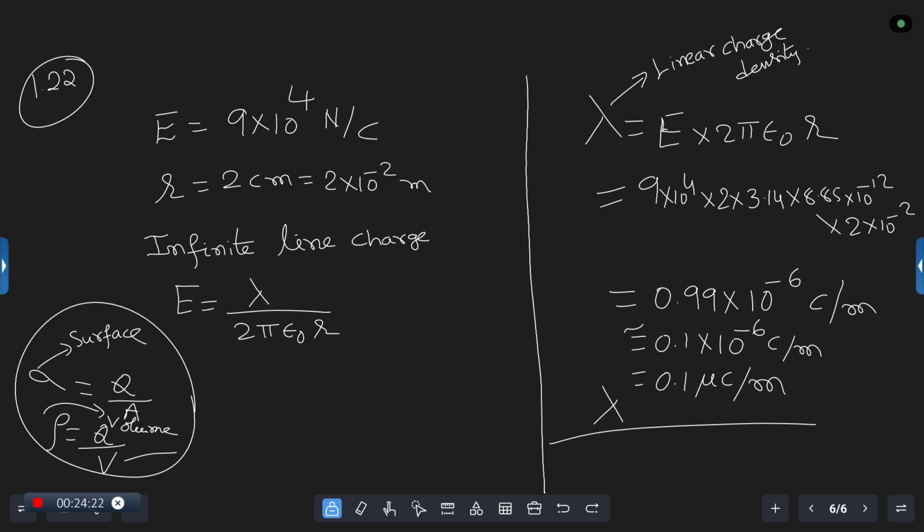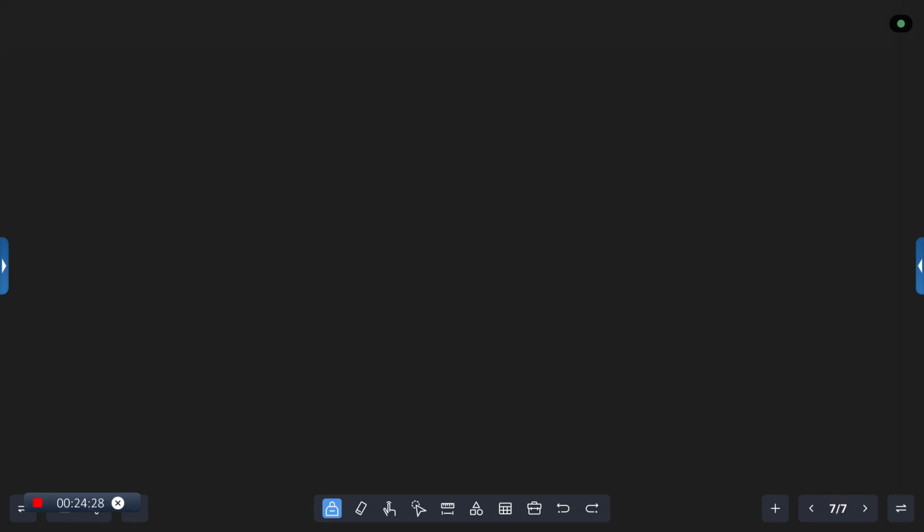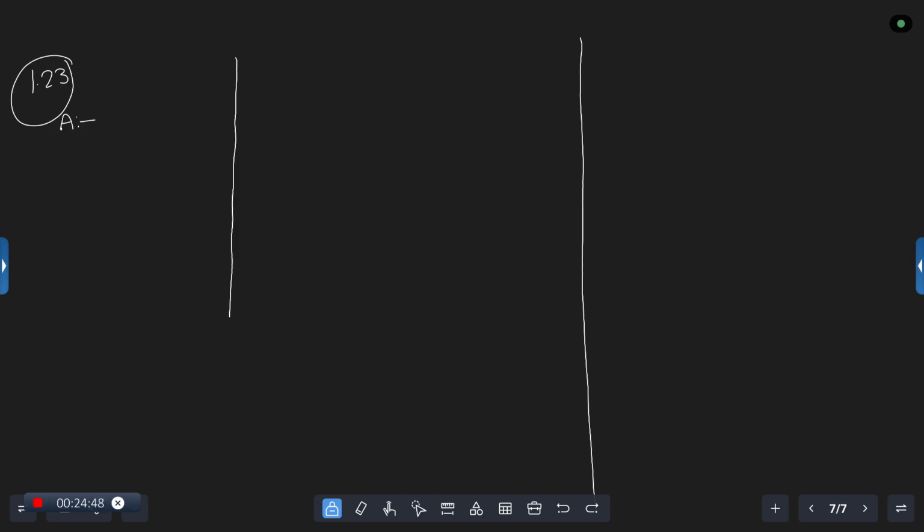Shall I go for next problem, last problem in this chapter? 1.23.